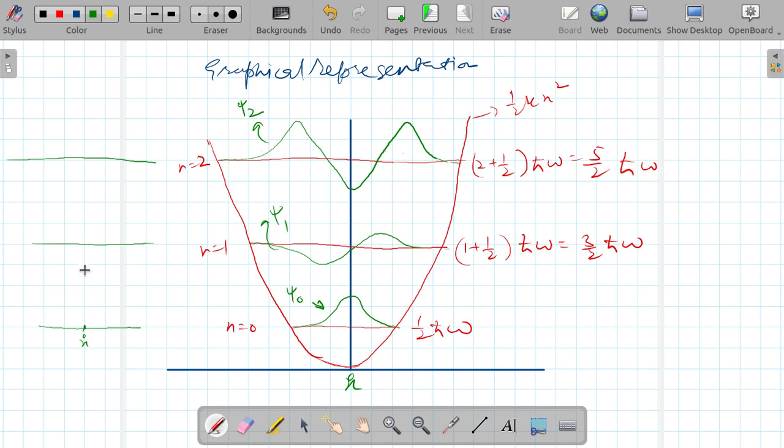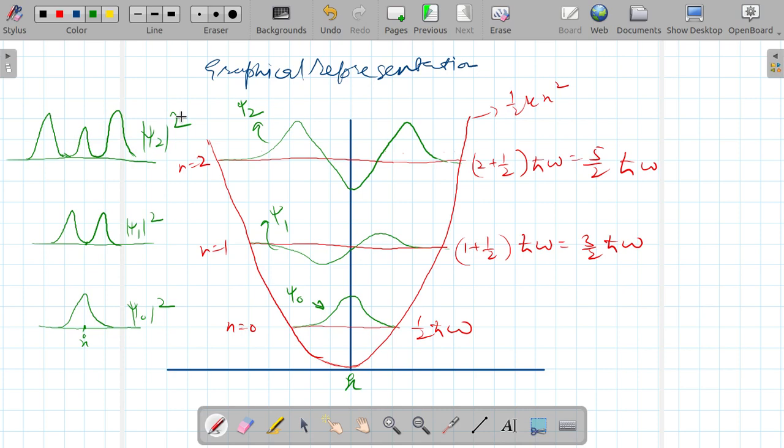Say this is x, which is 0 for all the graphs, so its graph will be like this. This is psi naught square. Corresponding to it, the next will be like this, which is psi 1 square, and corresponding to it the next should be like this, which is psi 2 square, and so on.